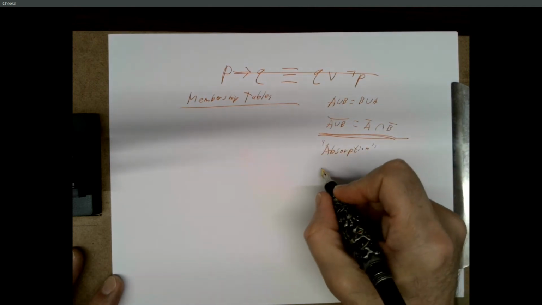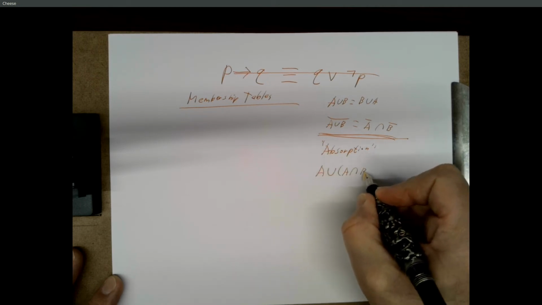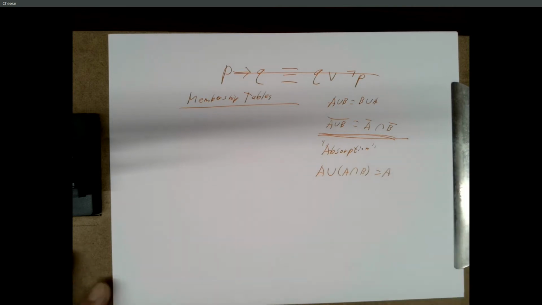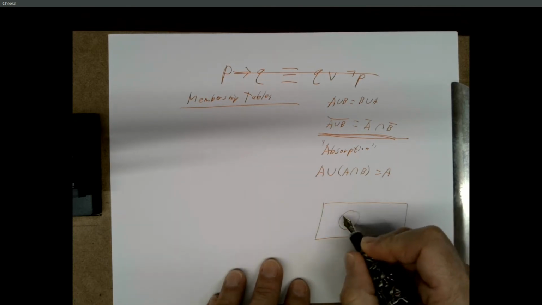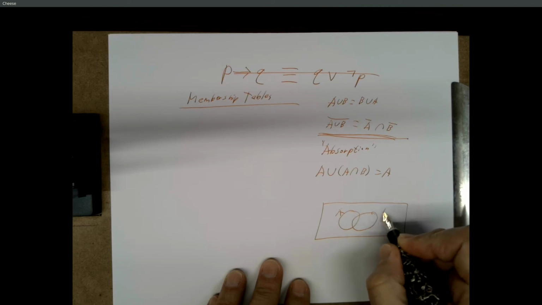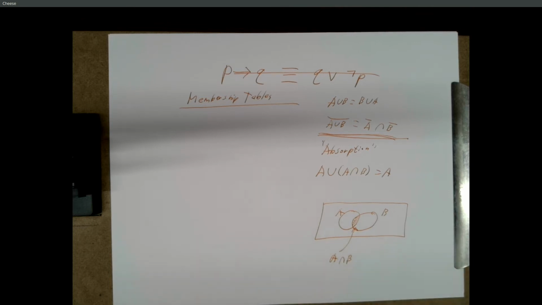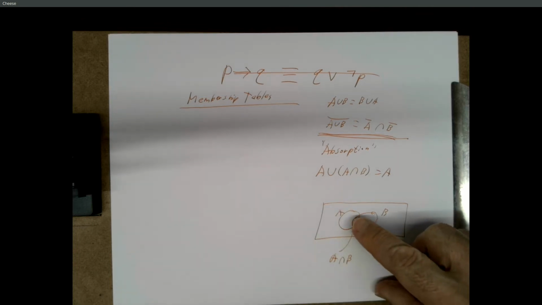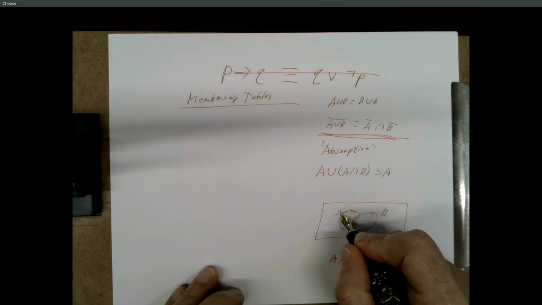It basically says A union A intersect B is equal to A. What does that mean on a Venn diagram? Here's a set A, here's a set B, here's their intersection. It's saying if we take A and add in the part of A that overlaps with B, we should just get A.